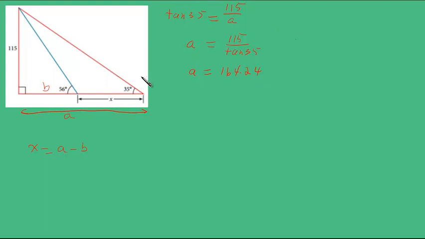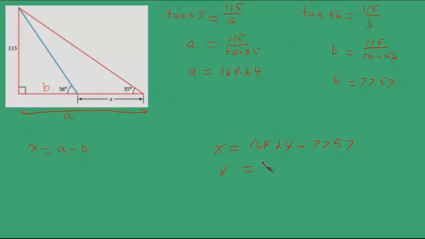Now let's find B. Well, we know the tangent of 56 is equal to 115 over B. B then is equal to 115 divided by tangent of 56. So approximately B is going to be equal to 77.57. And so X is going to be 164.24 minus 77.57. That gives us 86.67.